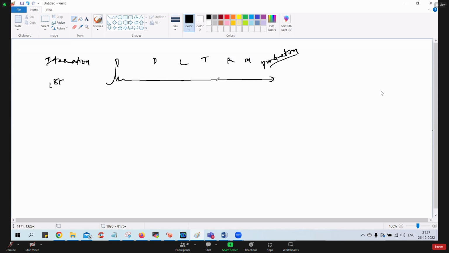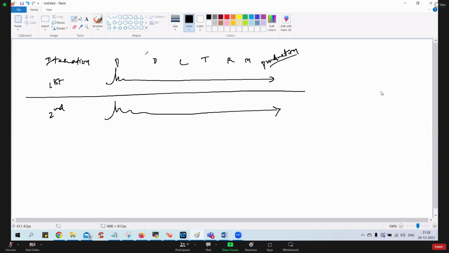So we deployed. By the time the first iteration is finished, the second iteration is coming. Now here the point is, the people who work in this department are classified as developers, and the people who handle the activities after this layer, we call operations.